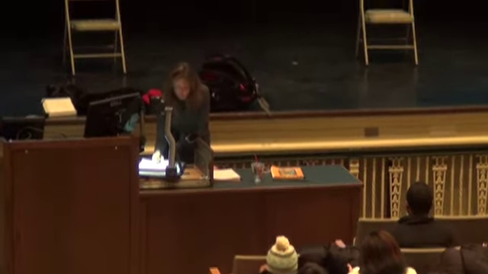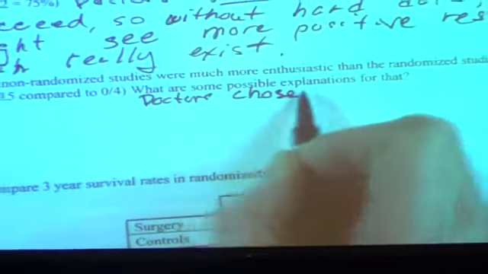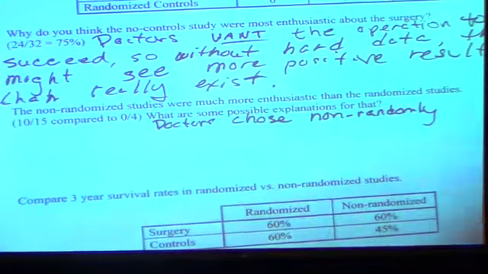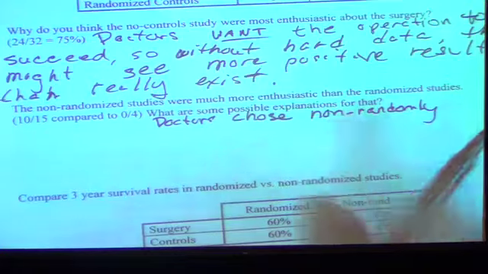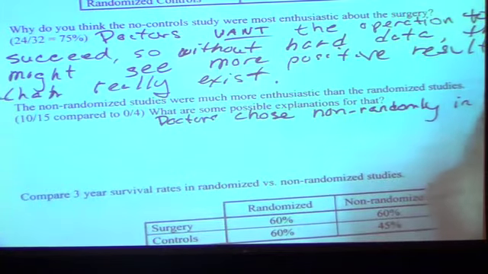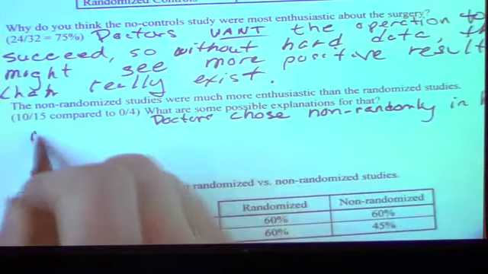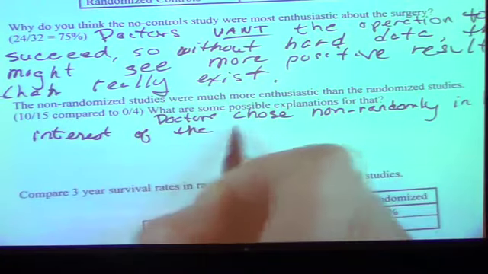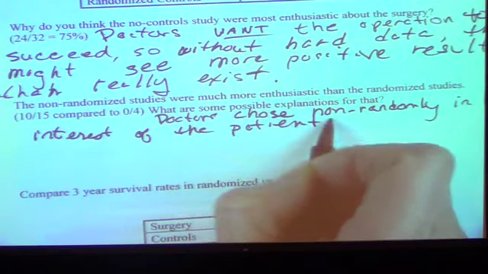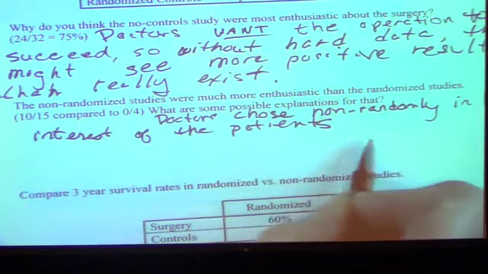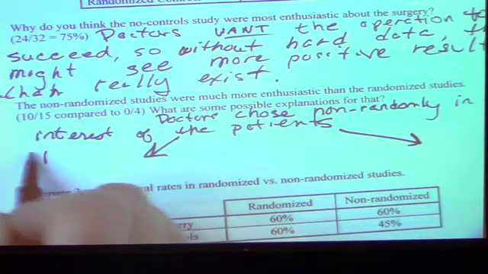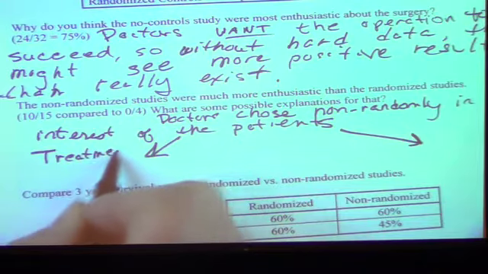These doctors chose non-randomly, but in the best interest of the patient as an individual. They did what they thought was right, in the best interest of the patients. And they chose to either put them in the treatment group, and in this case, what do we call the treatment?